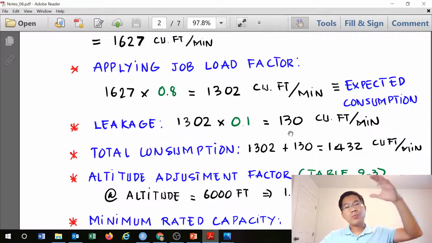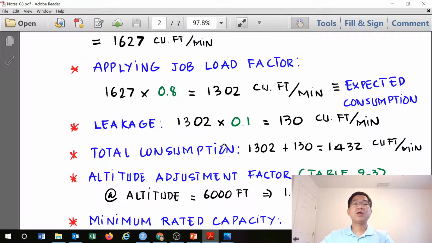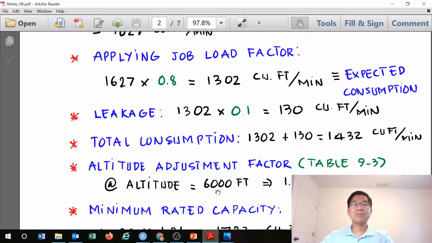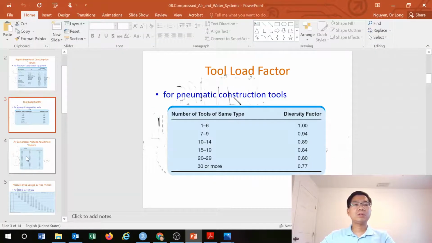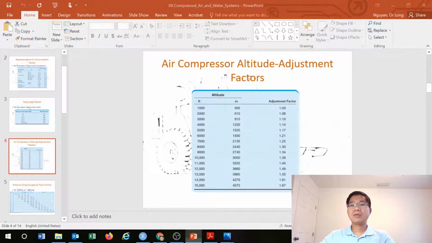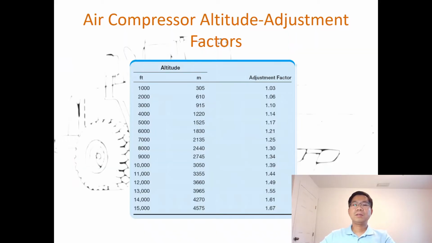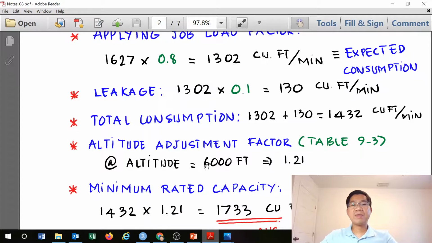When you have the total compressed air consumption, including leakage and the diversity factor and chop load factor adjustments, we then adjust for the altitude. The project site is at 6,000 feet, so we go to the altitude adjustment table, and at 6,000 feet you have 1.21 as the adjustment factor, which goes on top of everything.